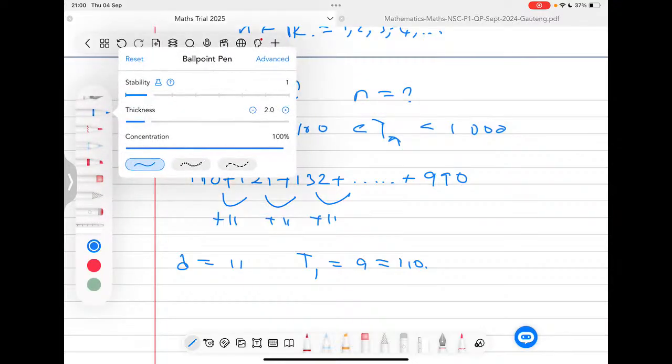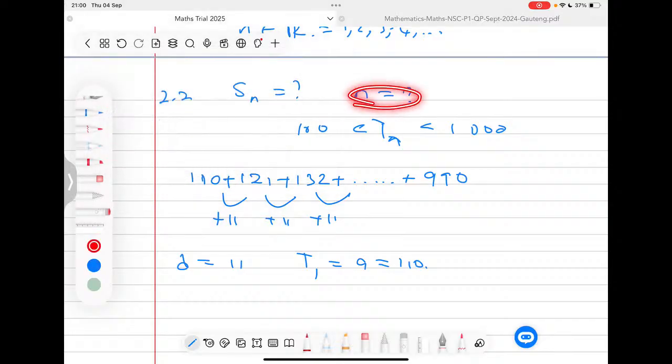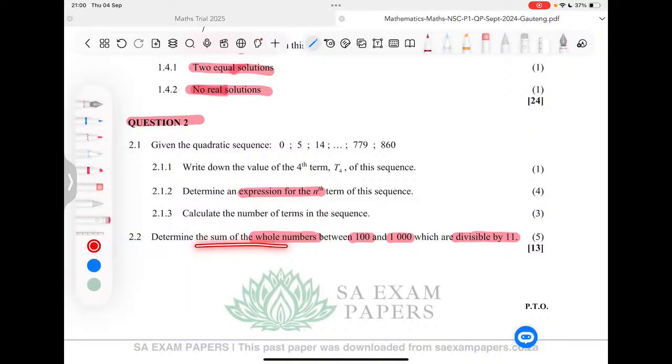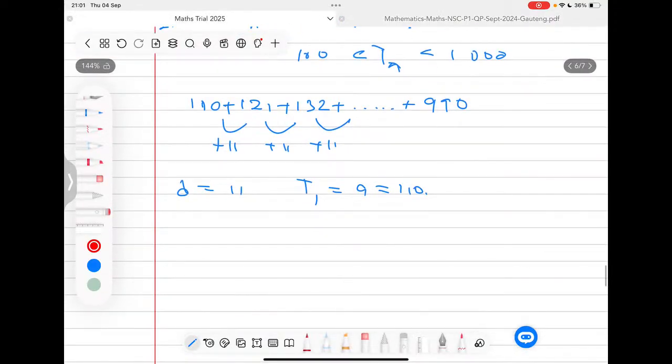We have to find the value of n, so that we can find the sum, because the question wants us to calculate the sum. Because this is an arithmetic sequence, I will use the formula Tn is equal to A plus n minus 1 times D. This formula is there in the formula sheet.